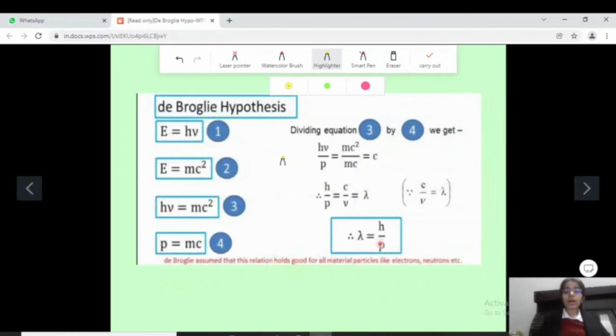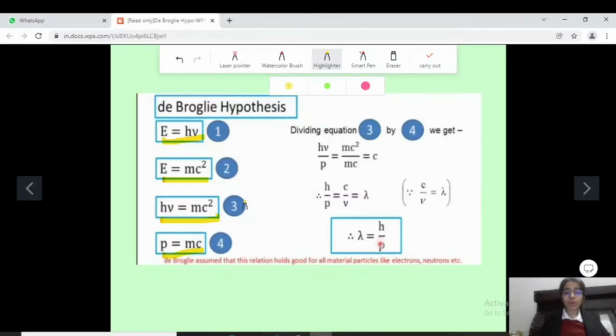Till now we stated that according to Planck's relation, E equals h nu, and according to Einstein, E equals mc square. Combining these, we get h nu equals mc square, and the momentum of the photon is mc.